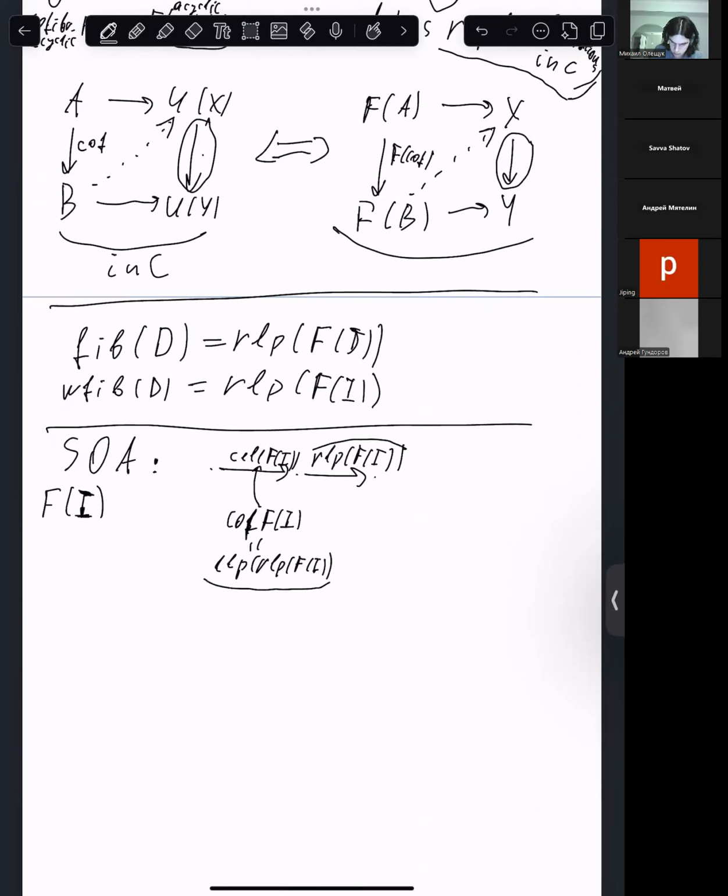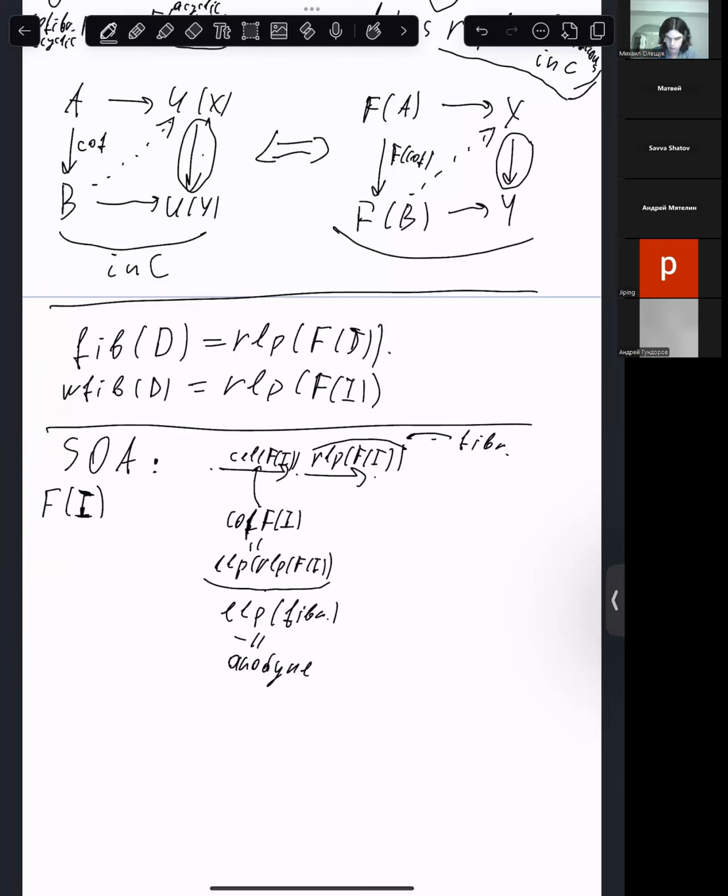As we said earlier, this is fibrations, and this is a morphism that has left lifting property against all fibrations. This is an anodyne map by definition.